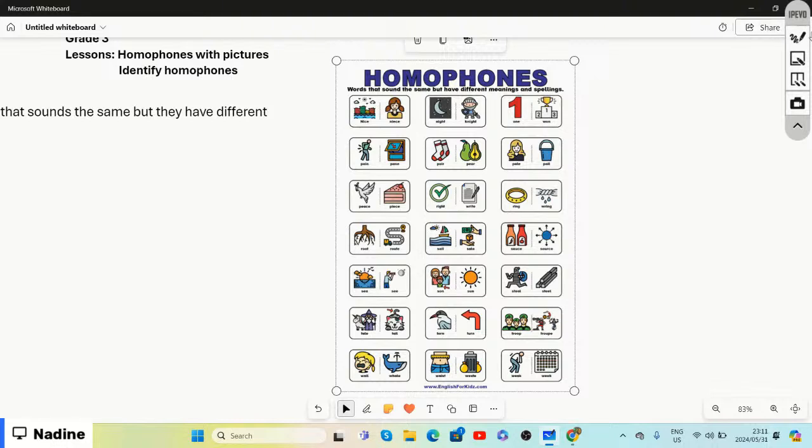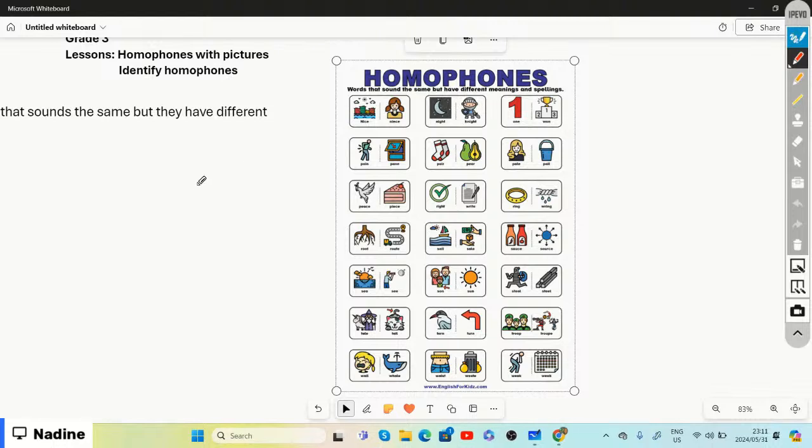If we look at this picture, the words night and night, that is a homophone, because it sounds the same, but the spelling as well as the meaning of the words are different.